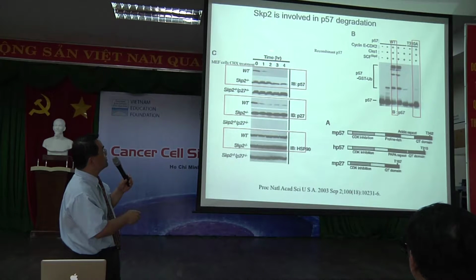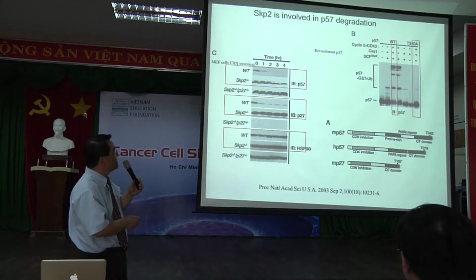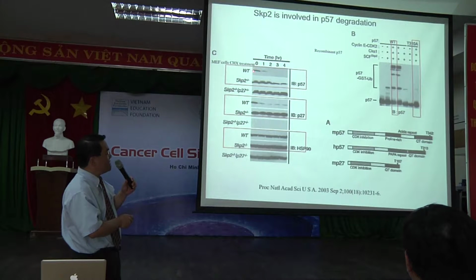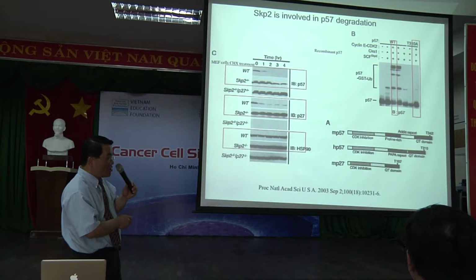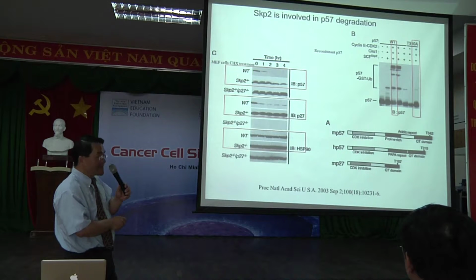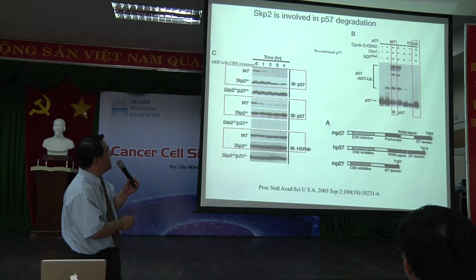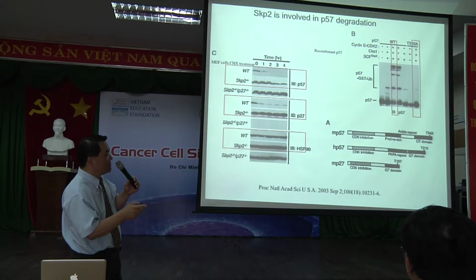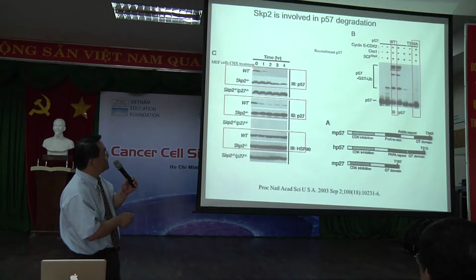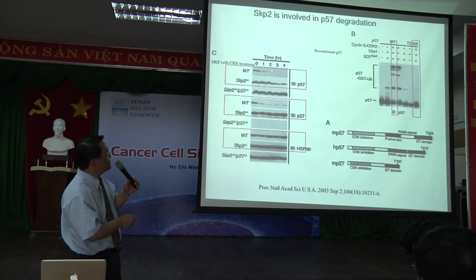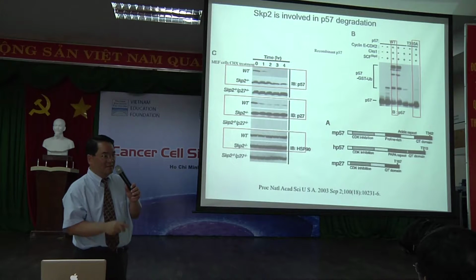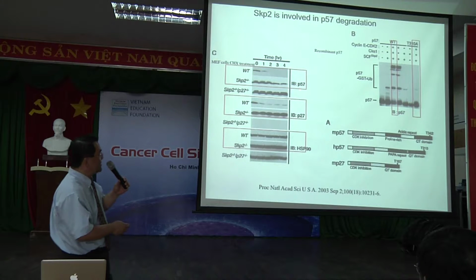So they treated the wild type cell line with the SKP2 null cell. This is a knockout cell of SKP2, meaning the cell without SKP2. If you do that cycloheximide to find out the turnover rate of P57, you see that following 1 hour, 2 hours, P57 is gone. That's the turnover rate of P57.